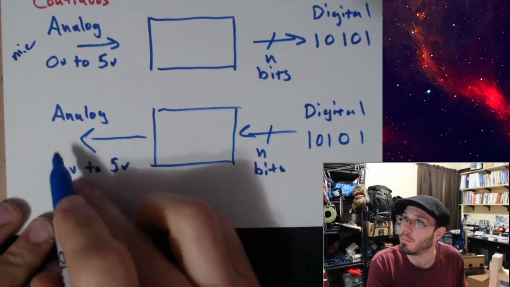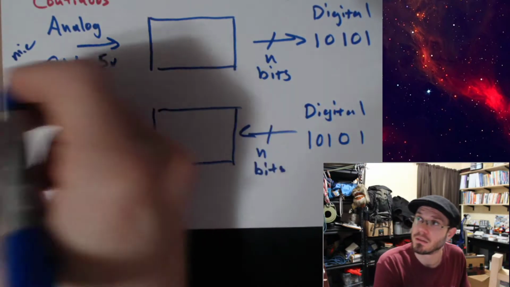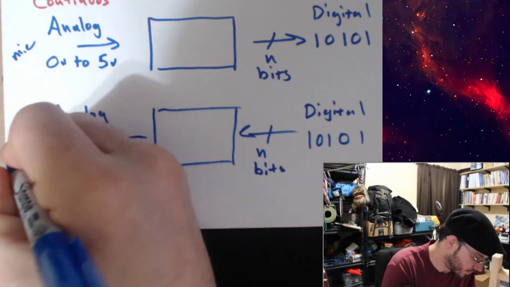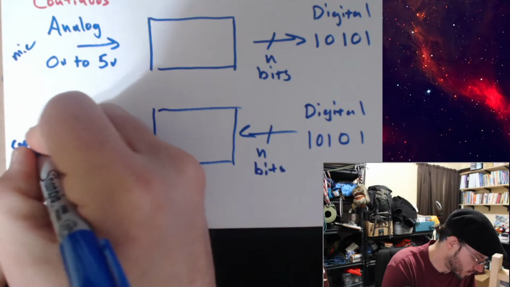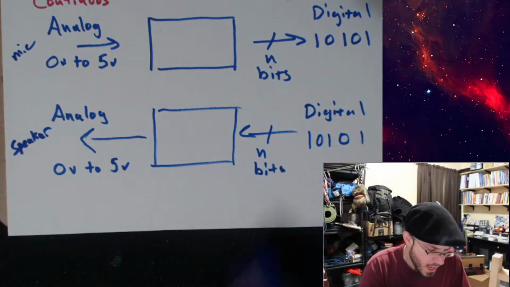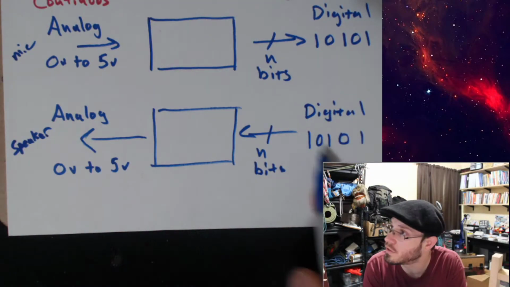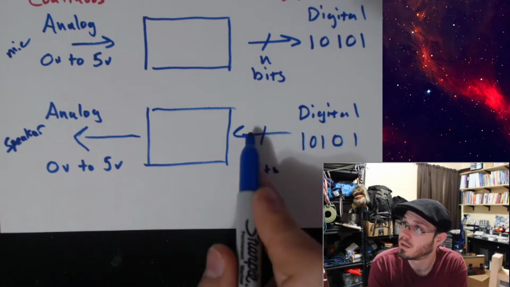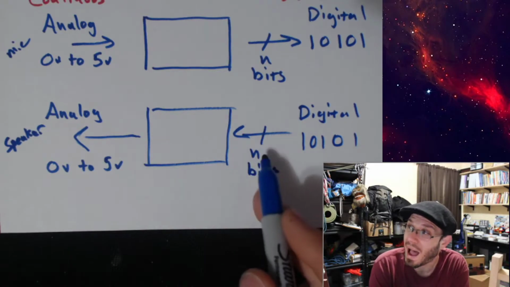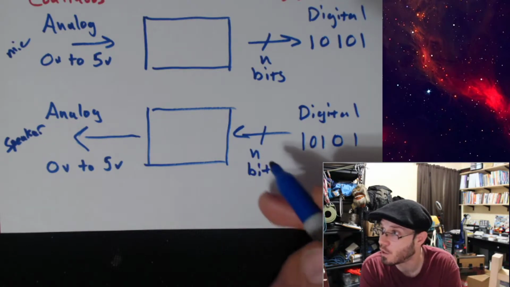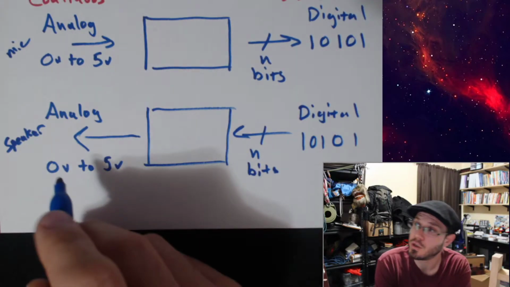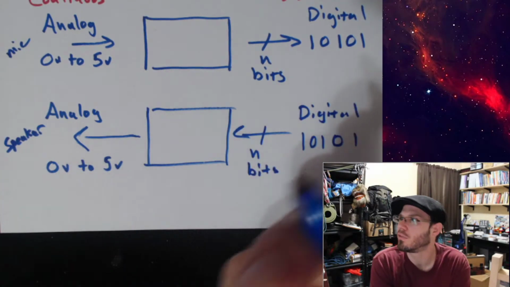On the other hand, you want to play that audio back. And so we want to be able to convert those digital values in memory, coming in the form of several wires, each representing a 1 or a 0, and convert that to an analog voltage, 0 to 5 volts, let's say.